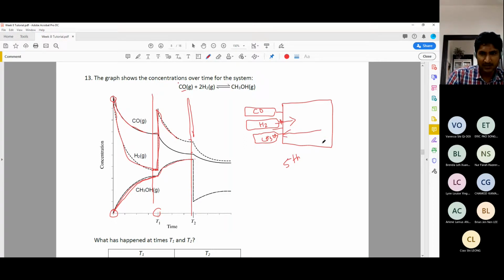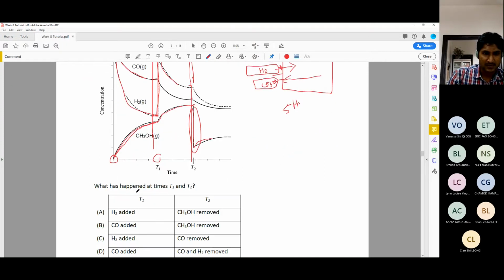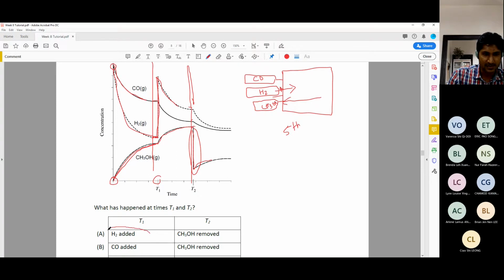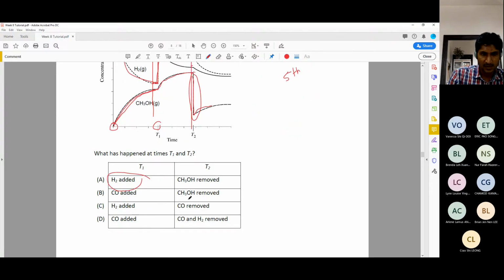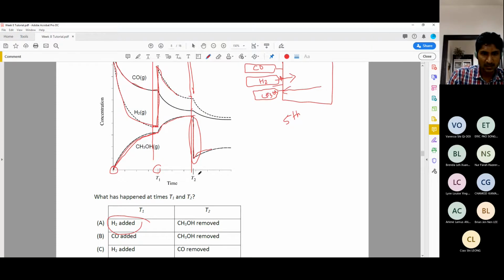It's not this simple, but just to give you an idea: they open the valve, methanol goes to the container, and they close the valve again. So the system is no longer at equilibrium, methanol starts to increase again, and they remove it. So at point T1, hydrogen was added, and at point T2, methanol was removed from the system.